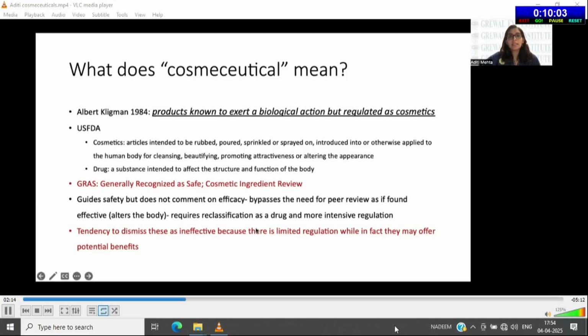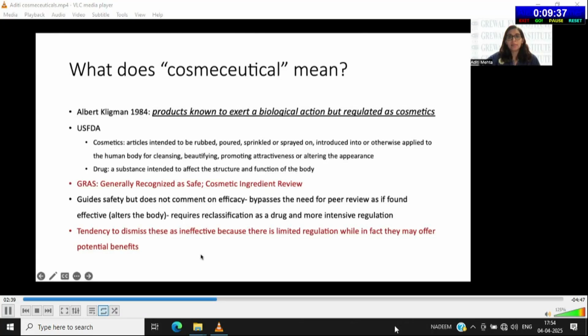They are articles intended to be rubbed, poured, sprinkled, or sprayed upon. That means they remain outside, they're not invasive, they remain on the surface of the skin, and they can be applied to the human body for cleansing, beautifying, promoting attractiveness, or altering the appearance. Compared to this, a pharmaceutical drug is a substance which is intended to affect the structure and function of the body.